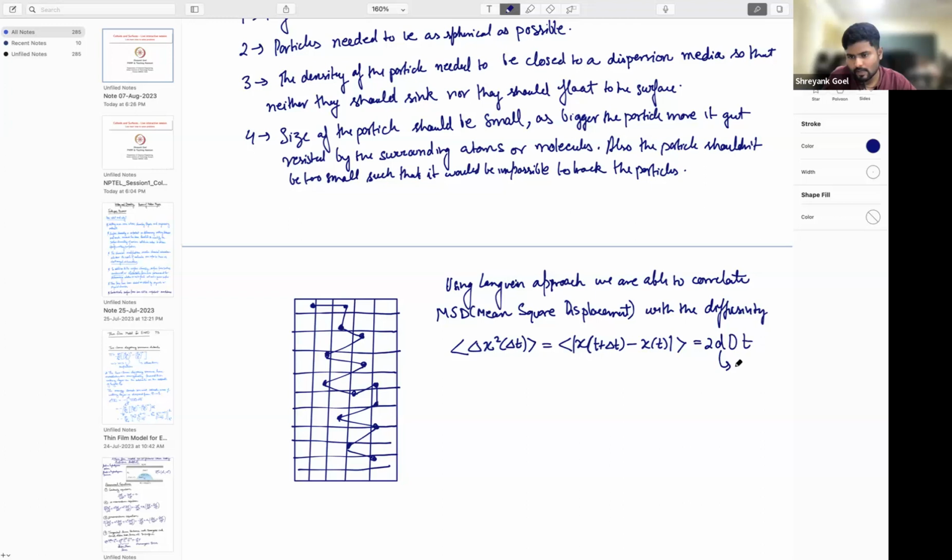So d is the dimensional space. If the particle is moving in 2 dimensions, then d is 2, for 2D. If it is 1, then it is 1D, and so on and so forth. Any questions on this?